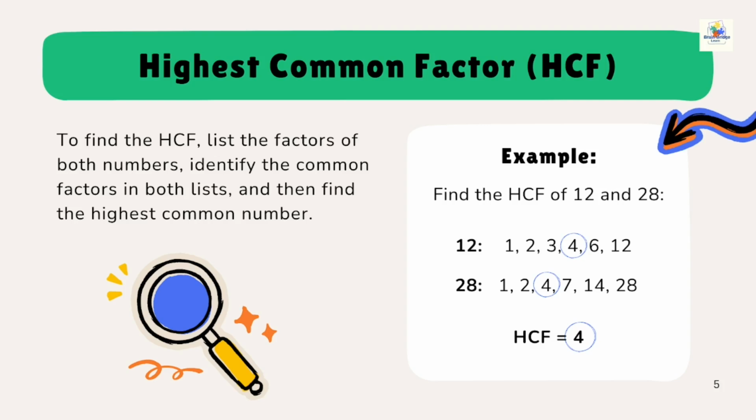So among all the factors there are 3 that are the same, but we have to find the highest because it is the highest common factor. The highest one is 4. So we take 4 as the highest common factor.